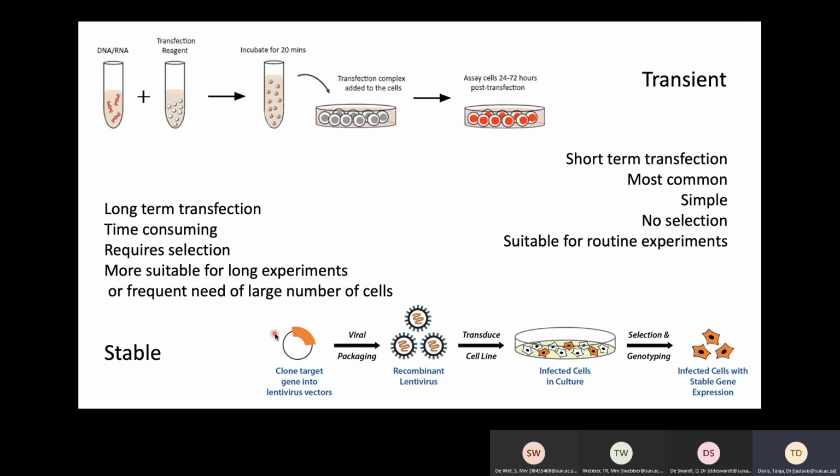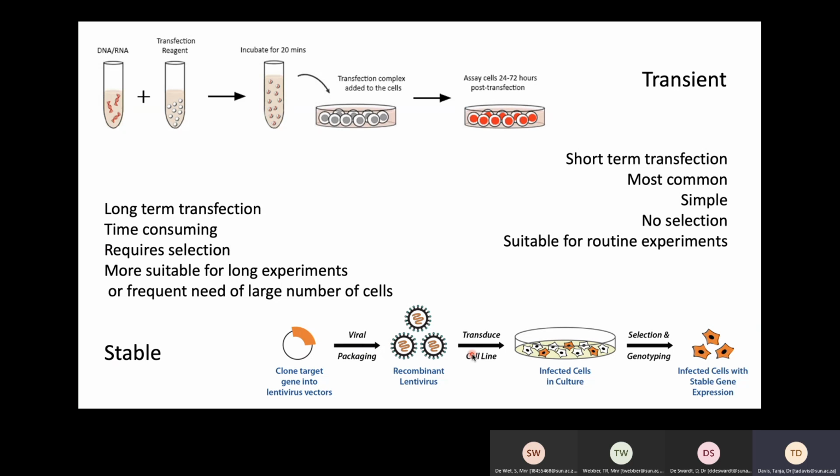If your experiment covers several days and you need transfection to stay constant during the whole experiment, then this might be more suitable. Also, if you're going to need a large number of cells and you need them quite often, then going through the trouble of creating a stable cell line might actually be worth it.